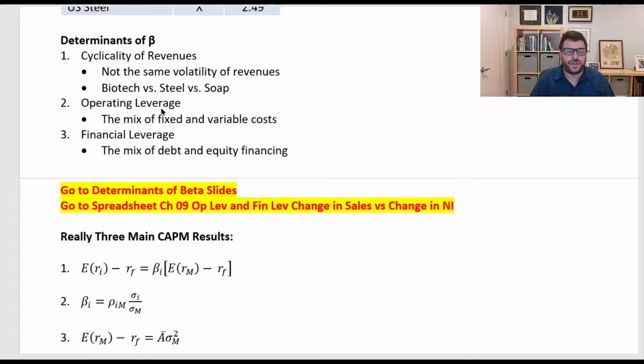And then finally, the financial leverage, the mix of debt and equity financing. Debt is essentially fixed financing. And so any level of fixed financing is going to, again, magnify the volatility of revenues on the net income or the earnings per share. And I have some examples of this that we'll do during lecture.